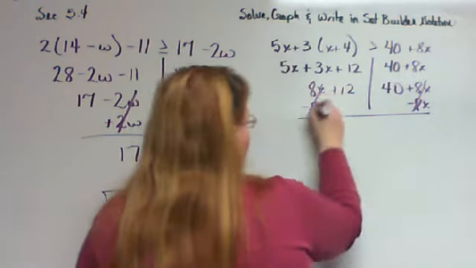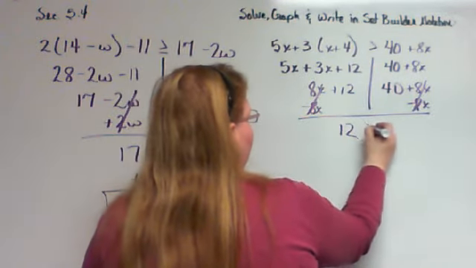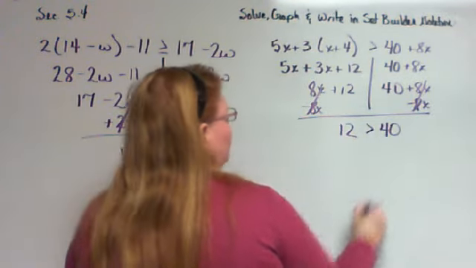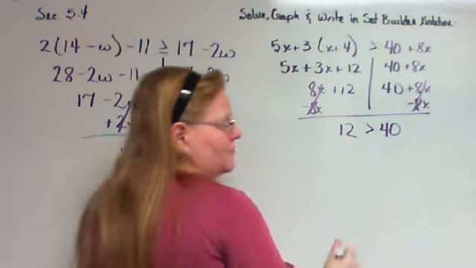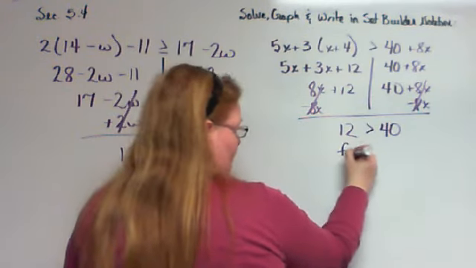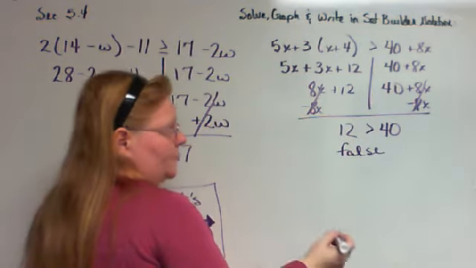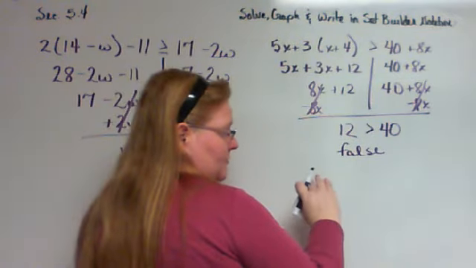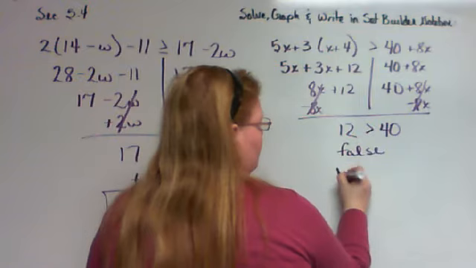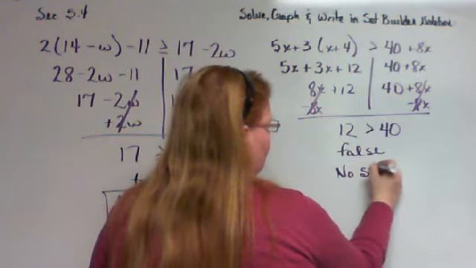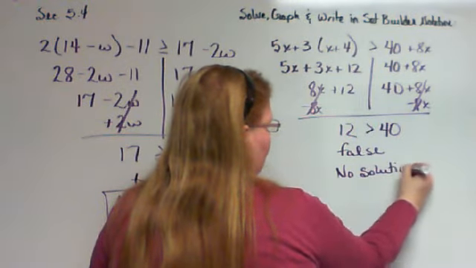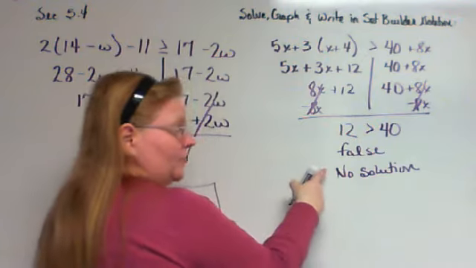Just like we anticipated, we end up with 12 greater than 40. True or false? Well, this one's false, which means our answer used to be no solution. Answer still is no solution.